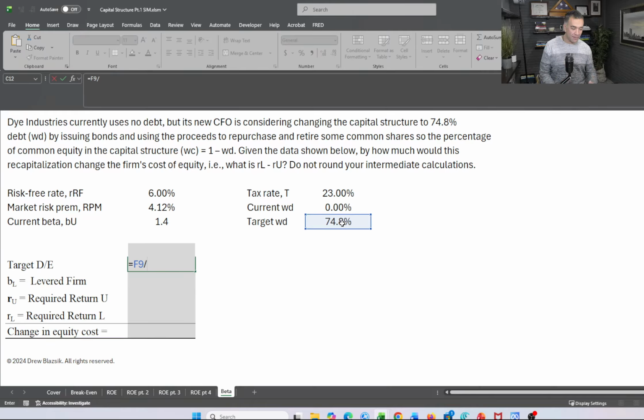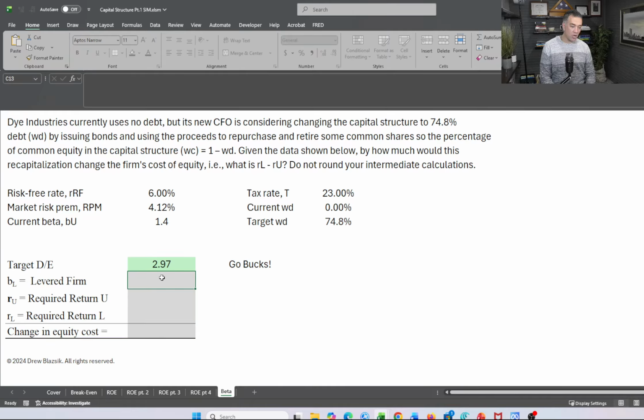So I'm going to divide that by, and I'm going to bracket this, the classic 1 minus the debt. So if I do debt divided by 1 minus the debt, that's debt divided by equity. If that makes sense. And just to show you, if you get the wrong answer, I do got some things that pop up. So that's important. So debt divided by equity, you could do the percentages, you could do the actual dollar value, it doesn't matter.